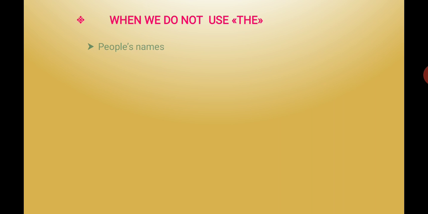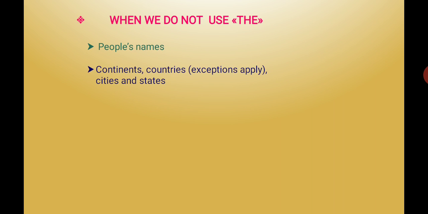The first is people's names. We cannot write the with the name of a person, the proper noun, right? Then continents, countries, cities and states. We cannot write the before the name of continents or countries.